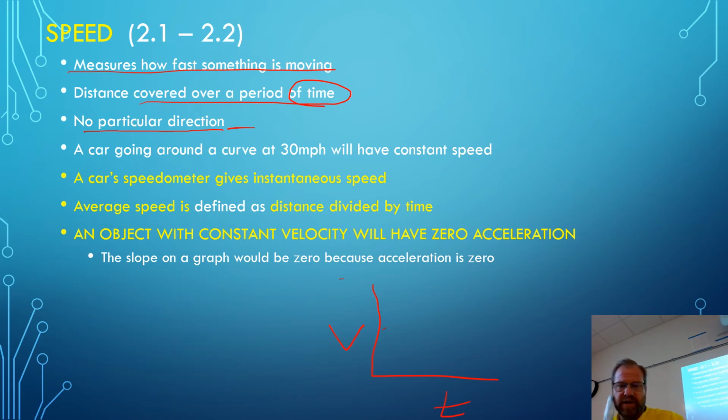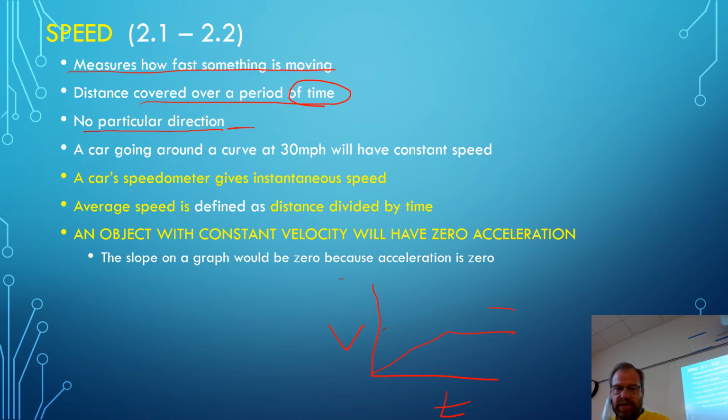So if you see your velocity changing here, you're accelerating. But if you have a zero slope, you're still moving, but you're just going at constant velocity the whole time.